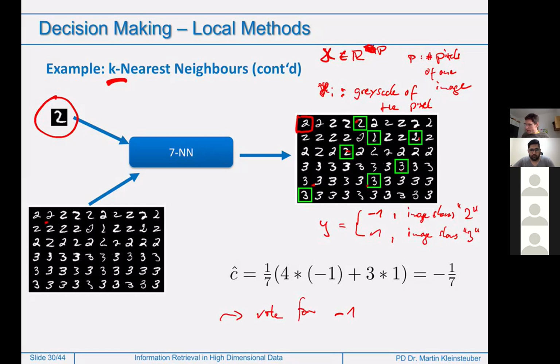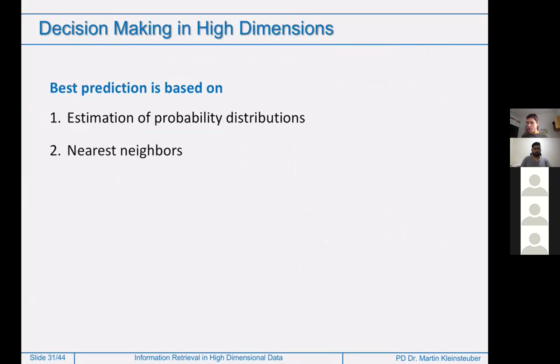Now we come to the next section in this lecture. We have seen in these examples and in the way we approached the problem of decision making, the prediction, regardless of whether we go to the global view or to local decision, it either needs an estimation of the probability distributions or nearest neighbors.